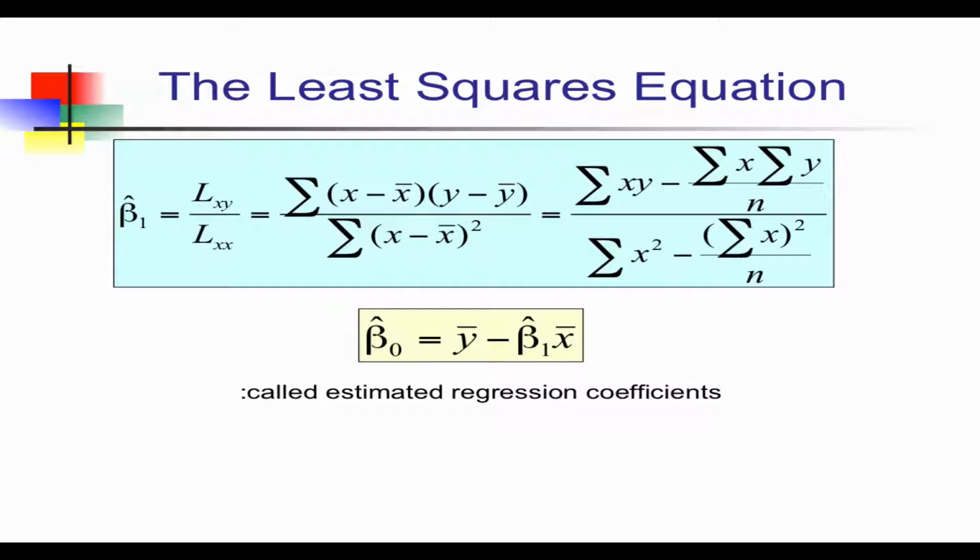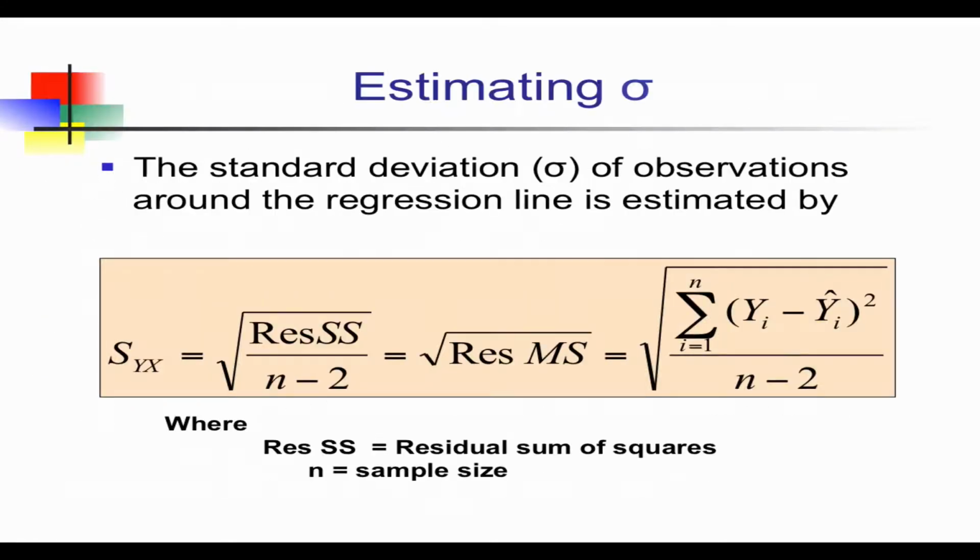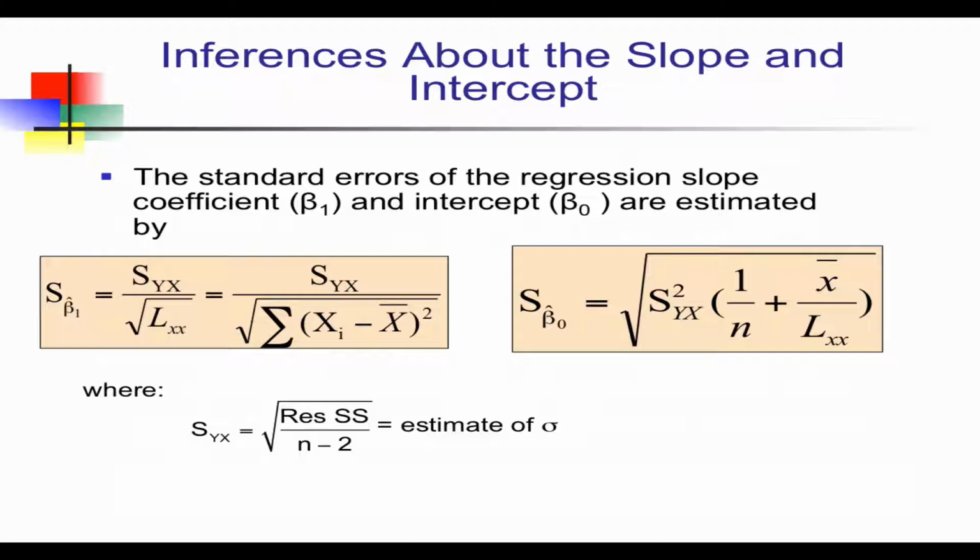And then the standard error estimate is in this formula: you have SYX squared, and then 1 over n plus x bar squared over LXX.